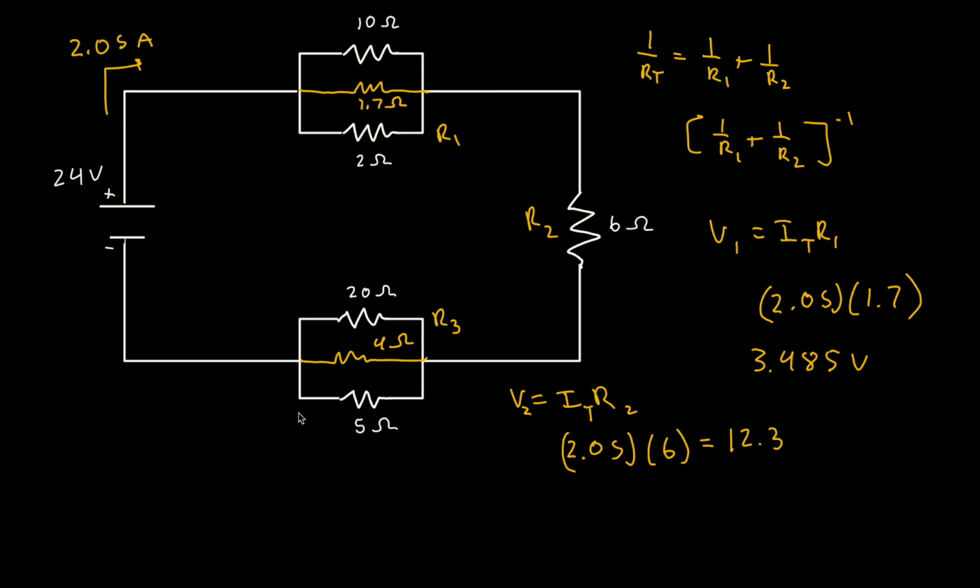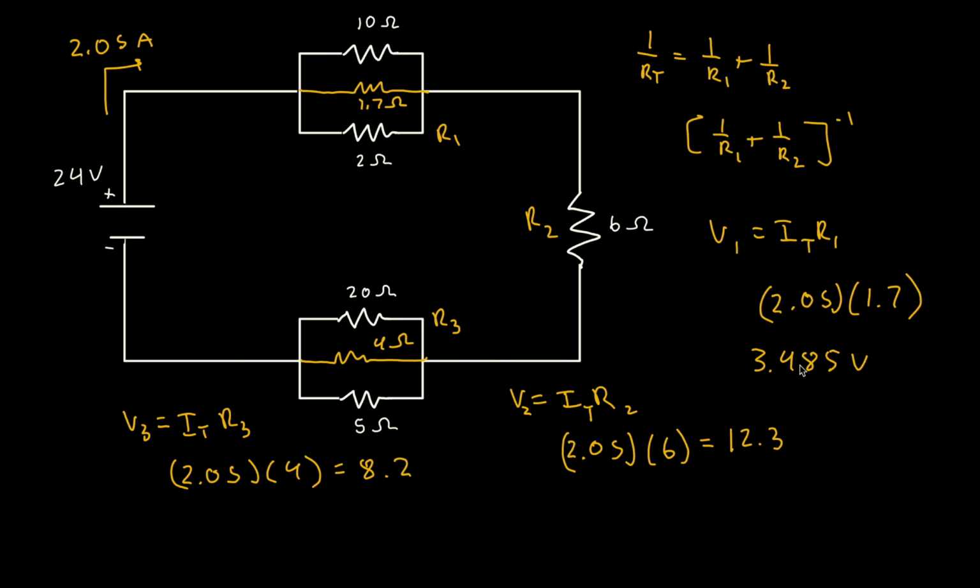And last one over here, we need to find our voltage, V total over R3. Pretty much the same process. We know our current, 2.05, and then that's going to be multiplied by 4 ohms, and 2.05 times 4 gets us 8.2.